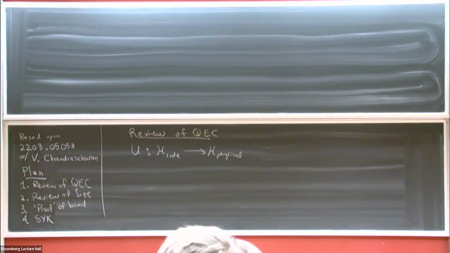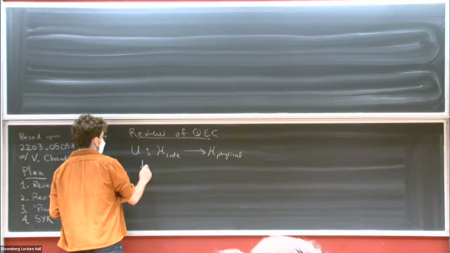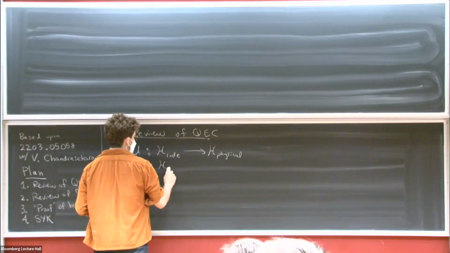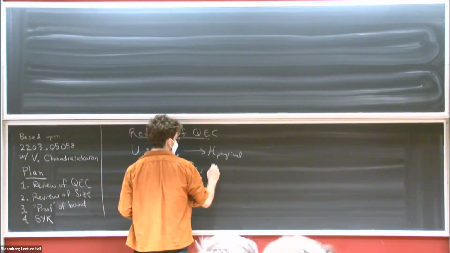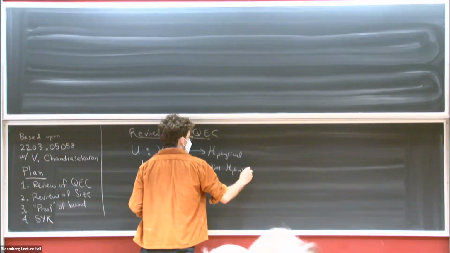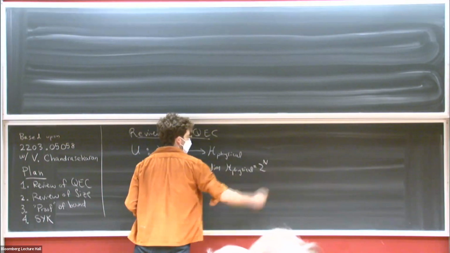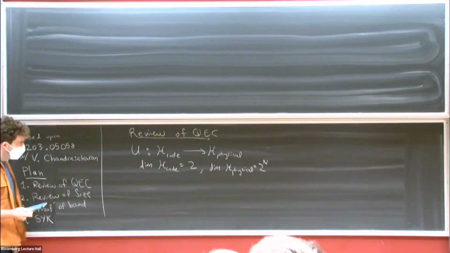In SYK, it's isomorphic to a Hilbert space of many qubits. So in this talk, I'm going to think of my code subspace as being 2-dimensional, and my physical Hilbert space will have dimension 2^n, so it'll be an n-qubit system.